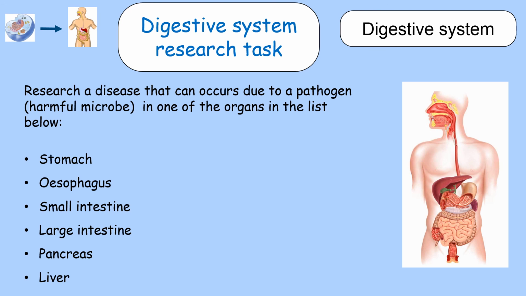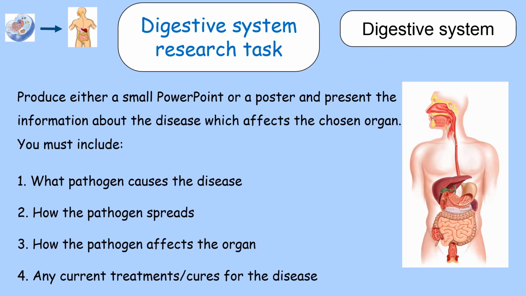So what we want to do is choose one of those and look into it, whether that be doing an internet search and finding out about one of the diseases that could be caused in the digestive system. So once you've done your research, and there is a page in your booklet to write down any of the research you find, once you've done that, could you please produce either a small PowerPoint or a poster?